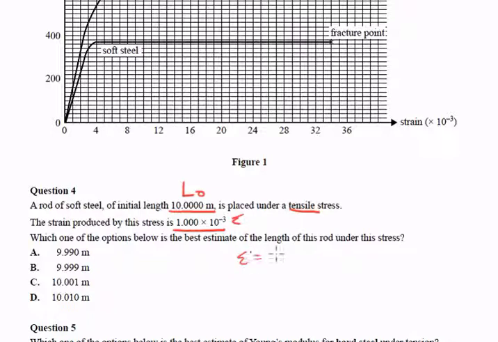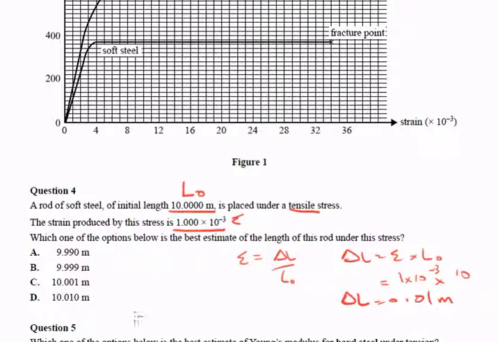So we've got the formula epsilon equals change in length over initial length. We can rearrange it to find change in length equals epsilon times initial length. So we'll just put those numbers in. 1 by 10 to the minus 3 by 10. That equals 0.01 meters. So that's the change in length.